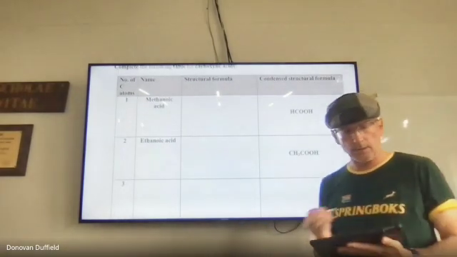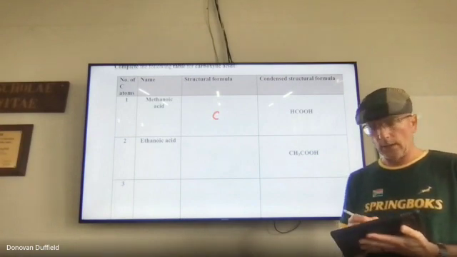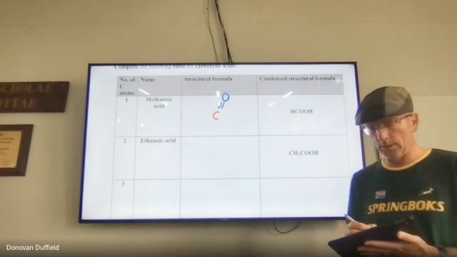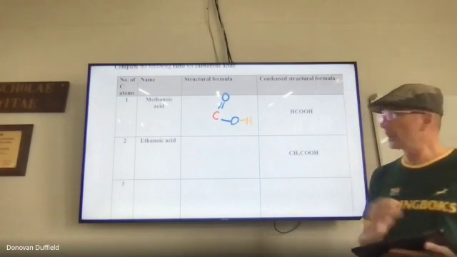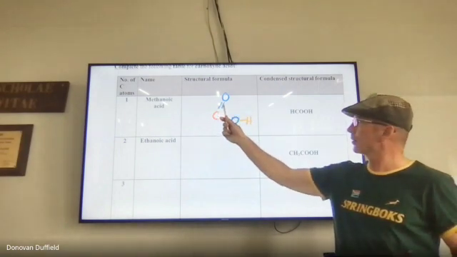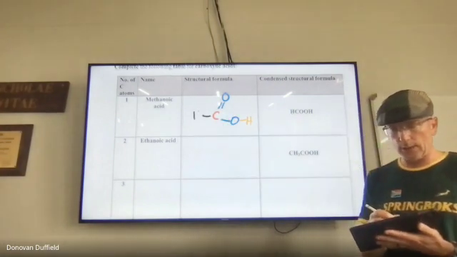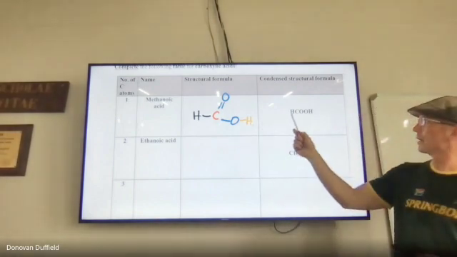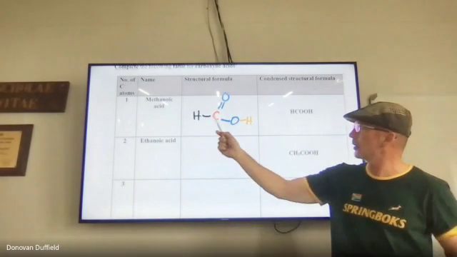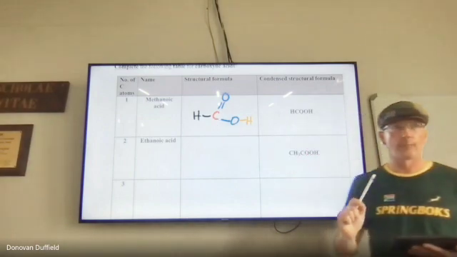Okay, so methanoic acid. Meth, one carbon. We've got one carbon, double bond O, OH. Then using the circle test, 1, 2, 3, 4, there's going to be a hydrogen there. If we see from left to right, H, C, double bond O, OH.